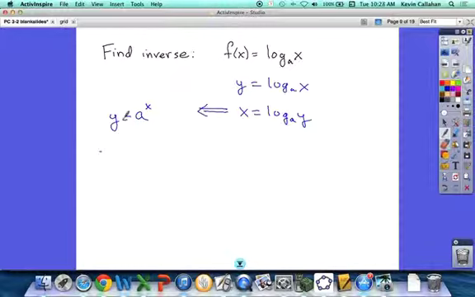So then the last step would be replace the y with an f to the minus 1. f to the minus 1 equals a to the x. What we learn from that is that logarithms and exponentials are inverses of each other. They are exactly inverses of each other.